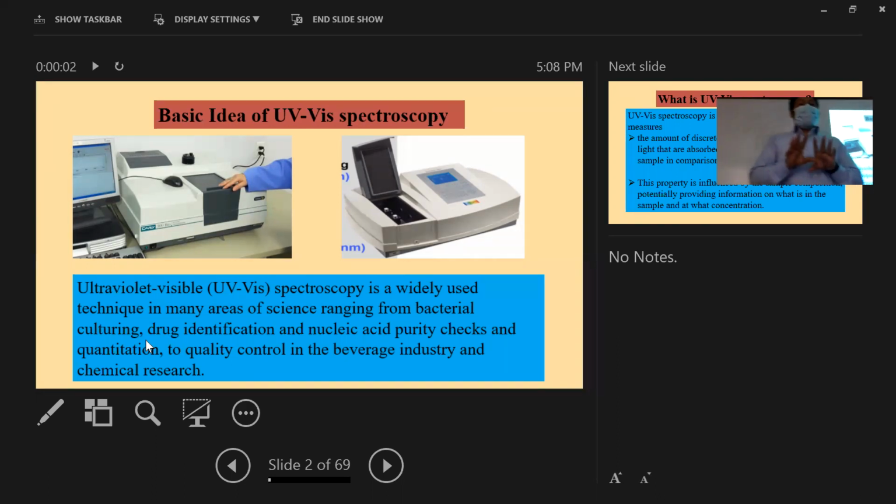But UV visible spectrophotometry is a widely used instrumental technique that we can use to study the presence of any molecule or sample, and also to quantify how much of the sample or molecule is present in a mixture. How it works, we'll know one by one.